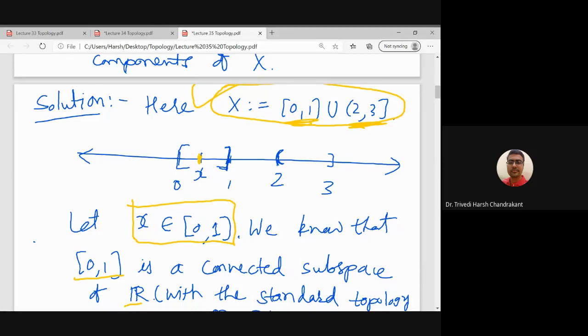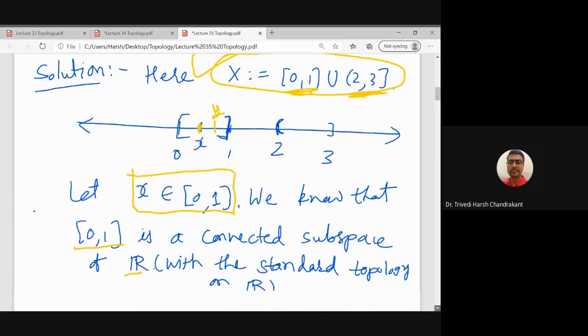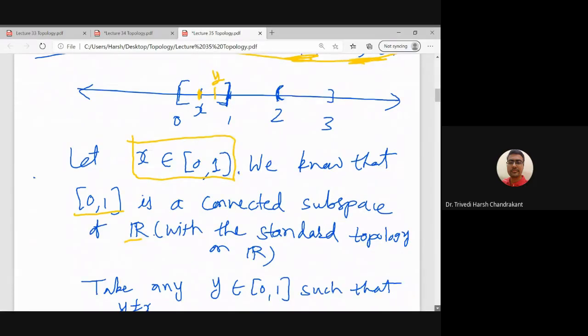If I take x and y, any other point in the set X, then x is equivalent to y if x and y both belong to some connected subset of X. Here we know that the closed interval 0, 1 is a connected subspace of R with the standard topology.